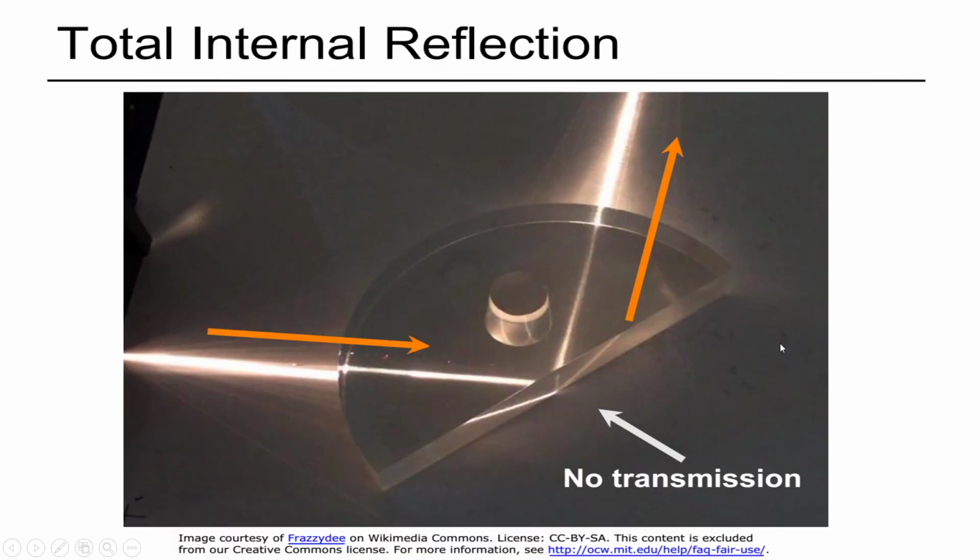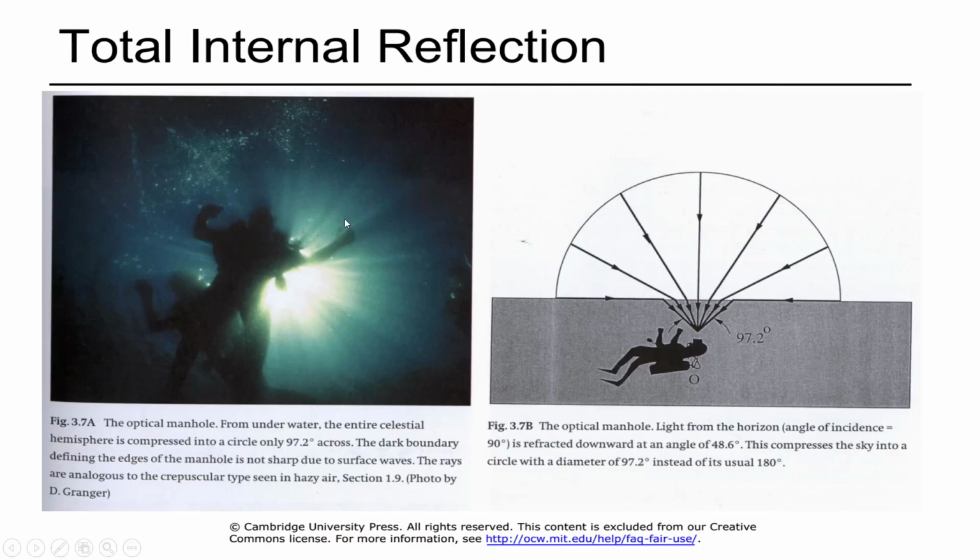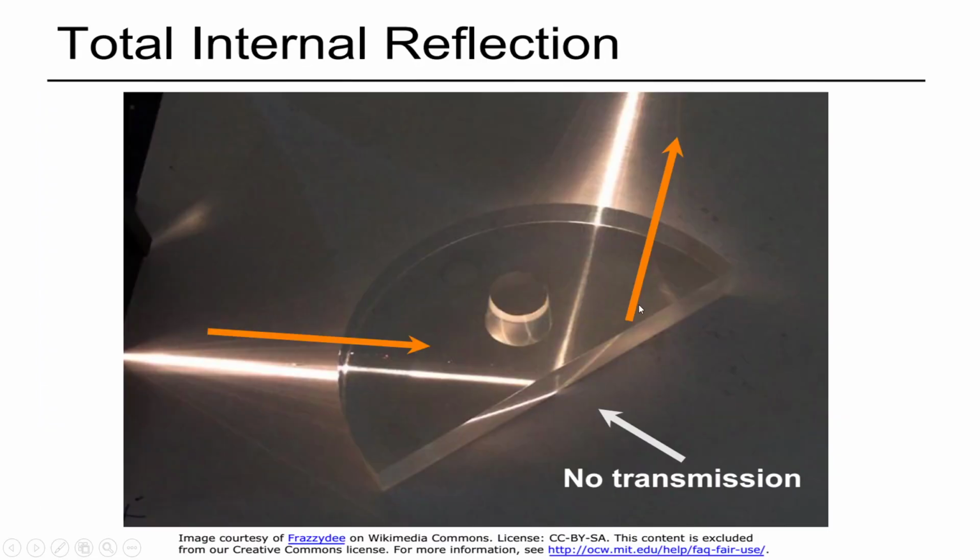These images show some examples of what total internal reflection would be like. This was a glass-like material. Passing light through it caused it to be refracted, but at this point it got totally reflected. No part of it got transmitted through to the outside portion.